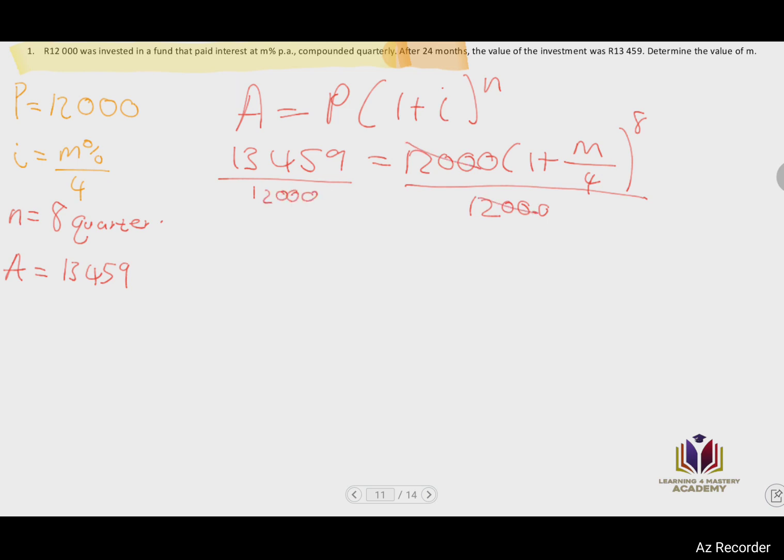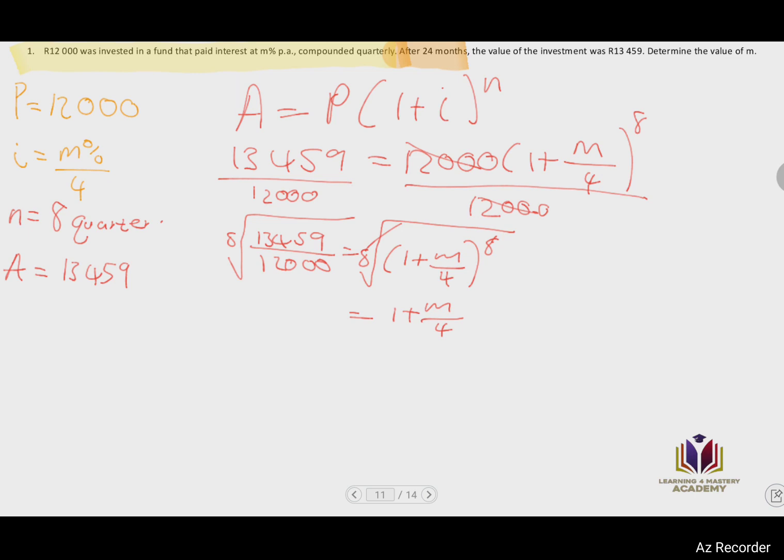This cancels that, right? I keep this fraction as it is, because remember, you're a grade 12 learner, so you're allowed to use the scientific calculator. Then I'm going to do the 8th root. This section that I'm doing now is just algebra, it's not finance, okay? I'm literally using algebra to work this out.